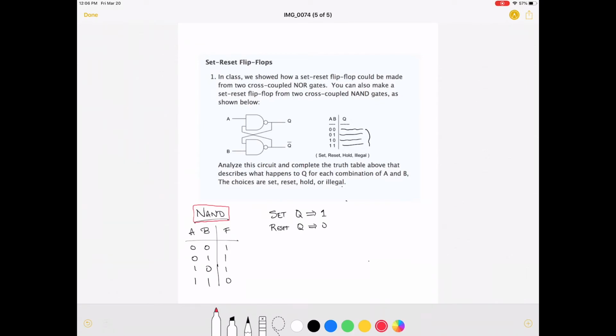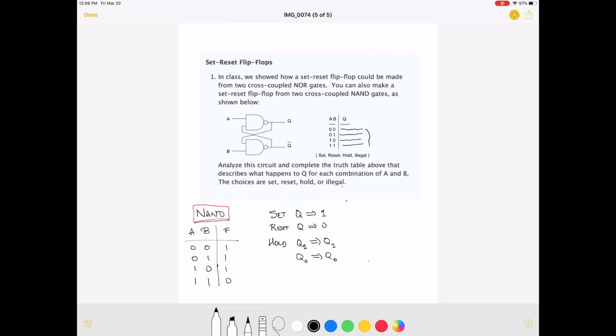So if we see those things, we can assume that those are set and reset. And then what hold does is it just maintains whatever Q is. So if Q is a 1, then Q stays 1. If Q is a 0, then Q stays 0.